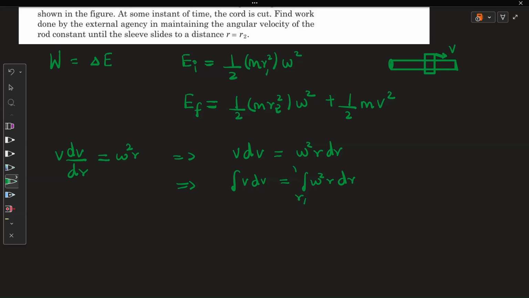Now r is moving from r1 to r2. The limits are important in integration. The initial velocity is 0 and the final velocity v is what we want. This gives v square by 2 from 0 to v, and omega square r square by 2 from r1 to r2.